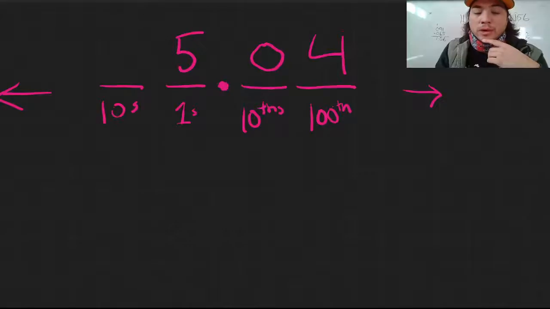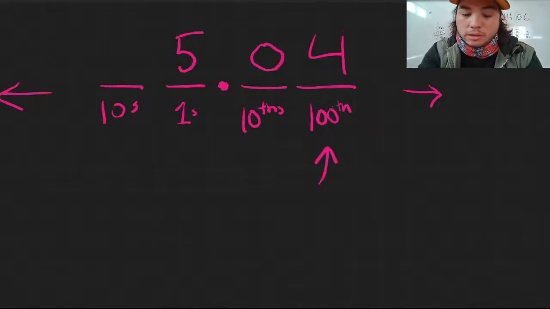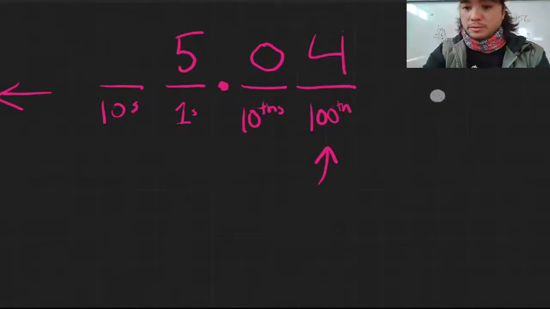Okay? And then the way you would say and write this number is 5 and 4/100ths, because our value goes all the way to the hundredths place. Okay, when we start to incorporate thousandths, the same will hold true.